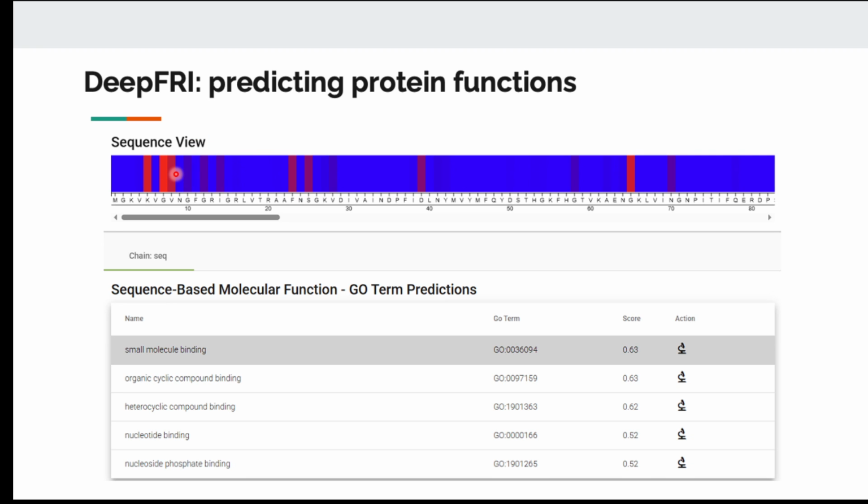So nowadays we have AI models that look at your amino acid sequence and give you back this annotation that, okay, residue number 5, the lysine, and residue number 7, number 8, number 11, these are probably linked to small molecule binding.